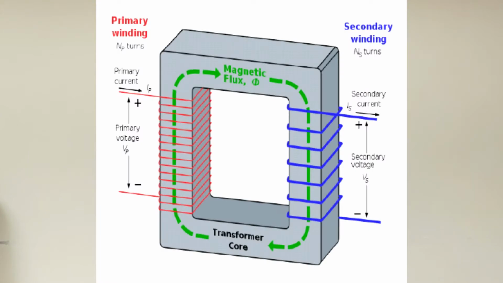In this project, the voltage has been decreased from 230 volt into 24 volt, as the primary winding of the transformer used in this project is higher than the secondary winding. This is called a step-down transformer.